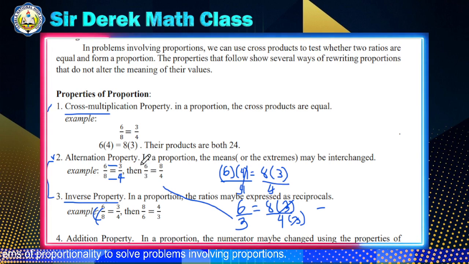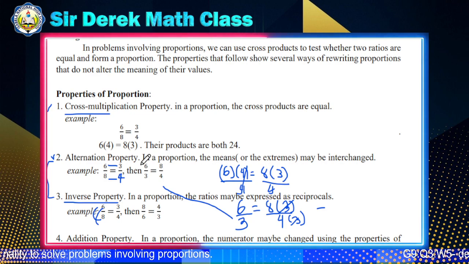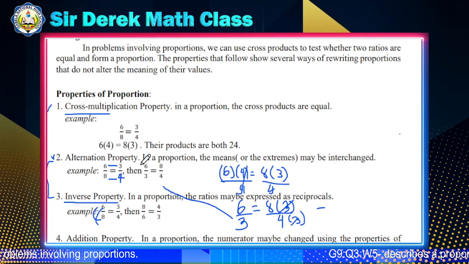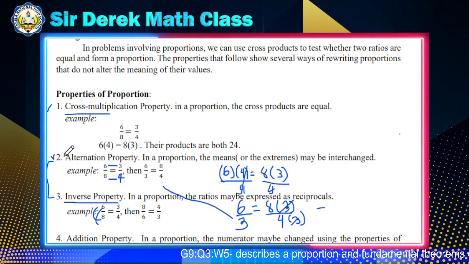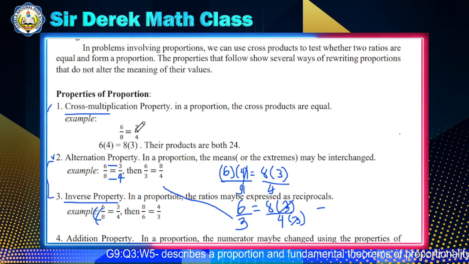You can also form another ratio. Okay? So, take note of this. Alternation property is also derived from the cross multiplication property.